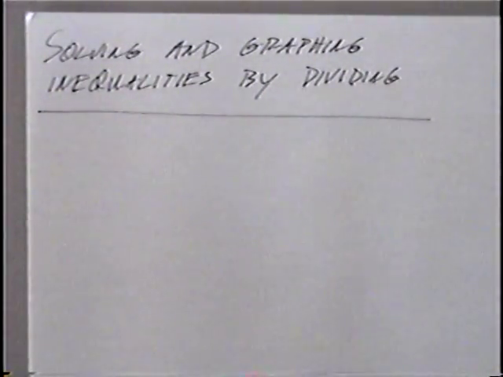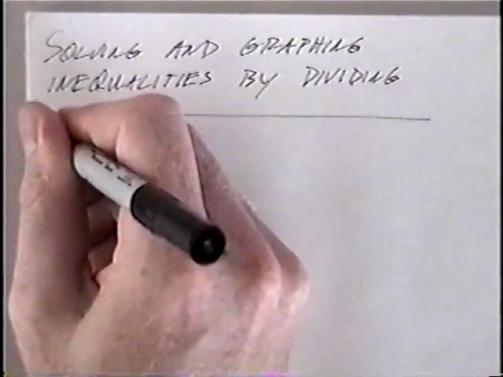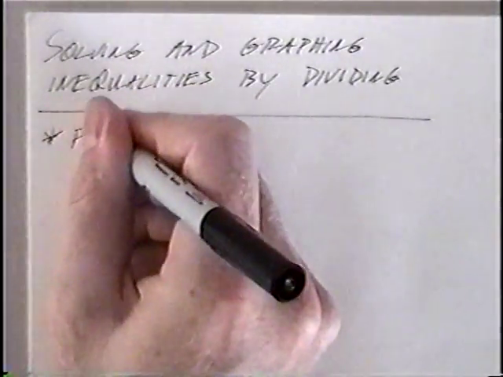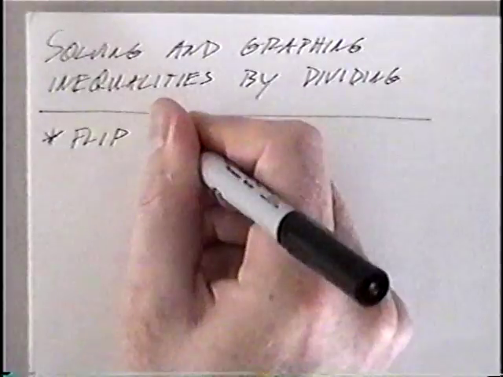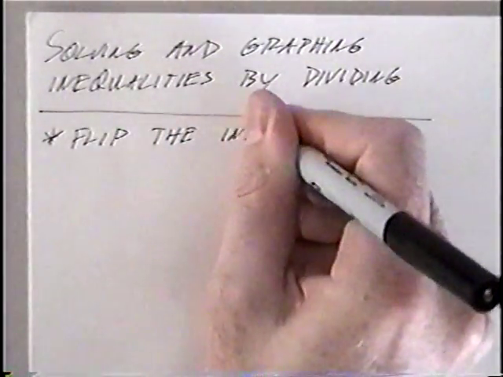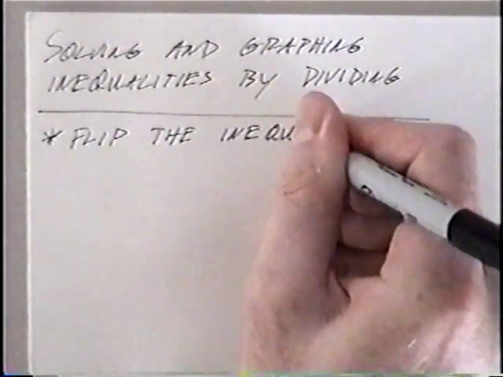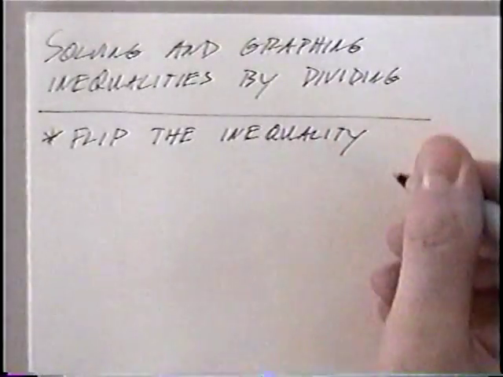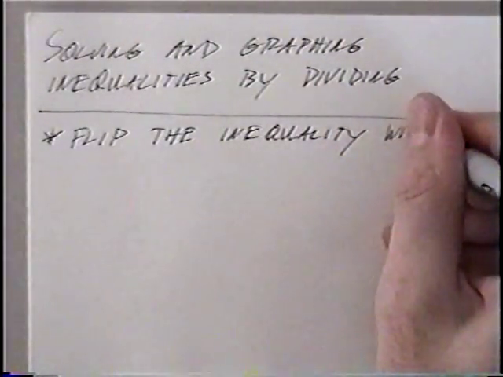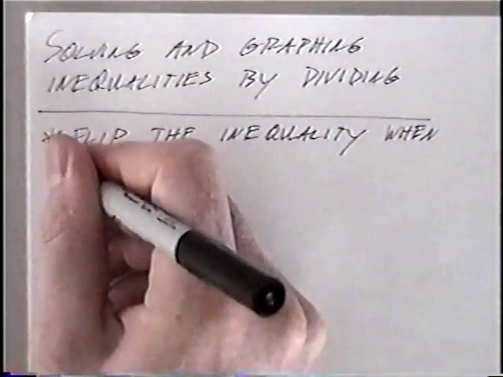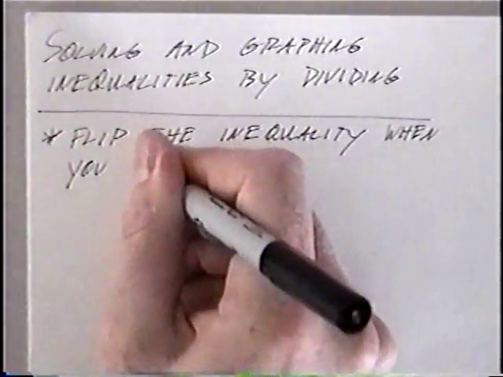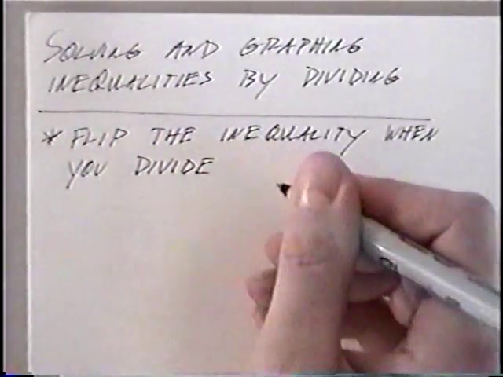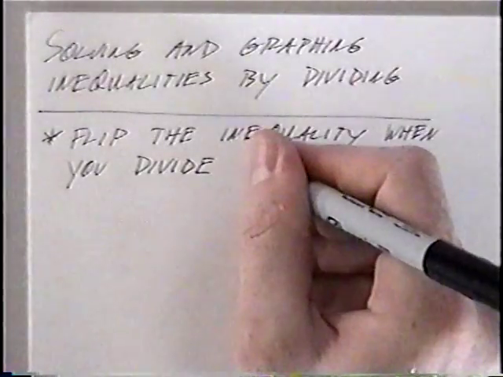First question, or actually first definition, is flip the inequality when you divide by a negative.